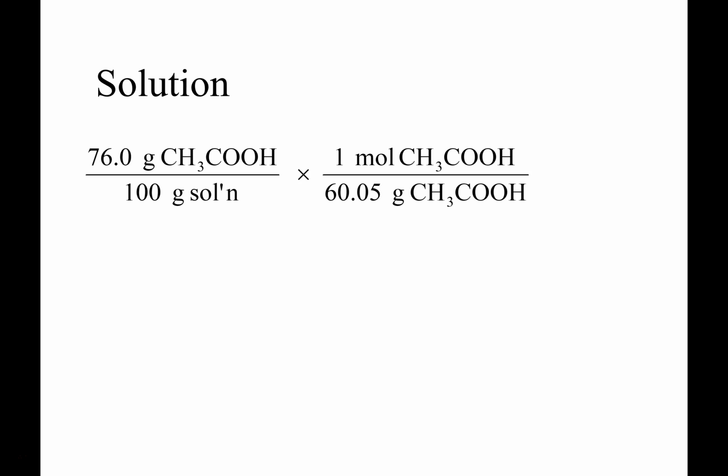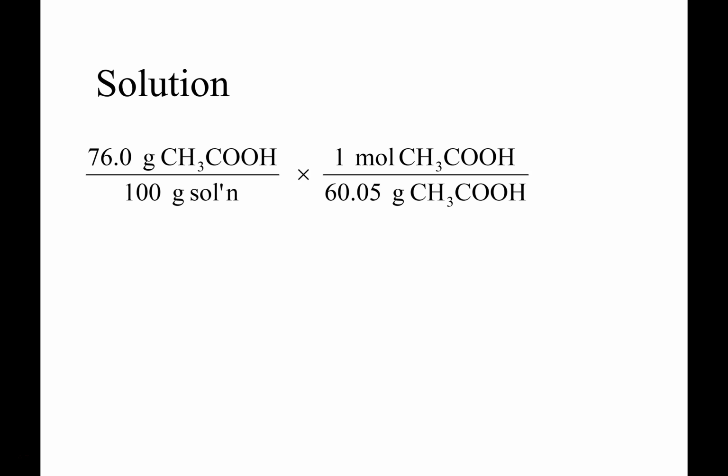if you've abbreviated, you can do AA instead of CH3COOH. The molar mass for acetic acid is 1 mole of AA, or CH3COOH, per mass of 60.05 grams of CH3COOH. My grams of CH3COOH have canceled.